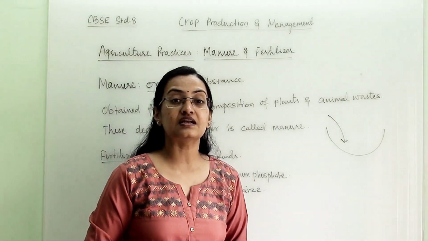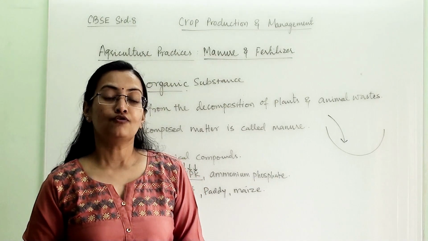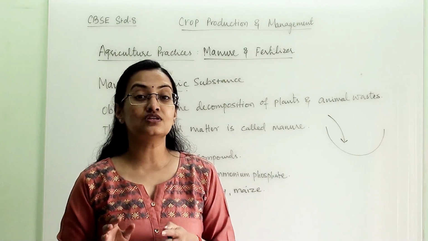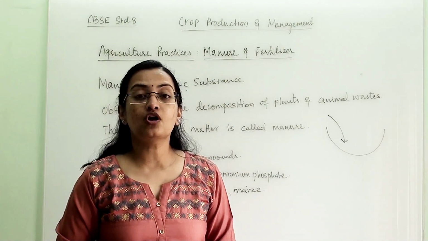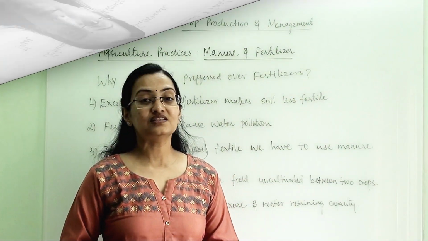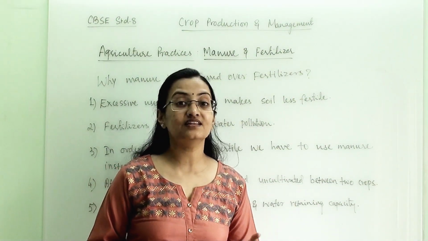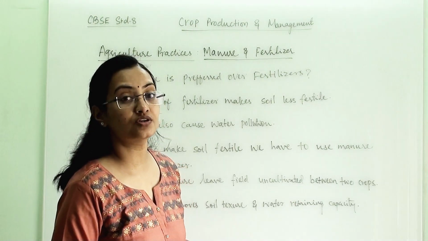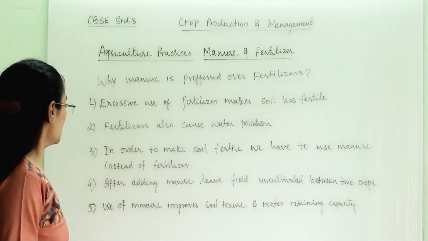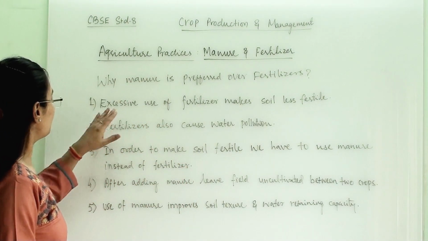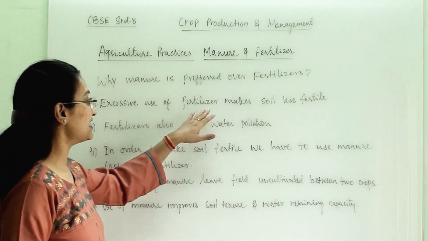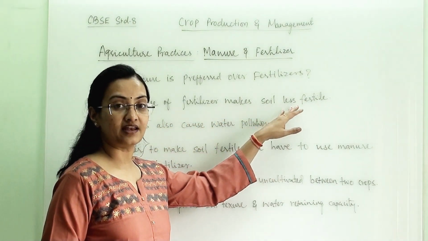Now let us understand the conditions for using manure and fertilizer, and why manure is preferred over fertilizer. There are 5 points for that. First, excessive use of fertilizer makes soil less fertile.